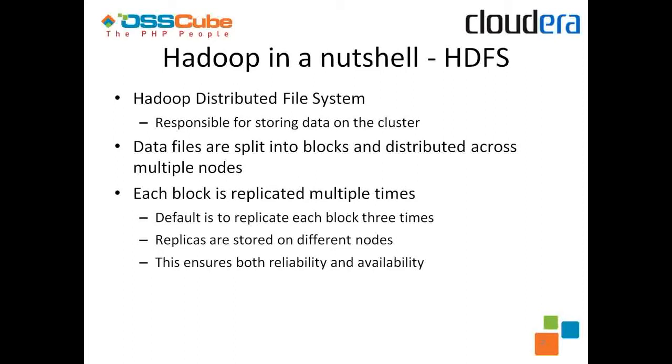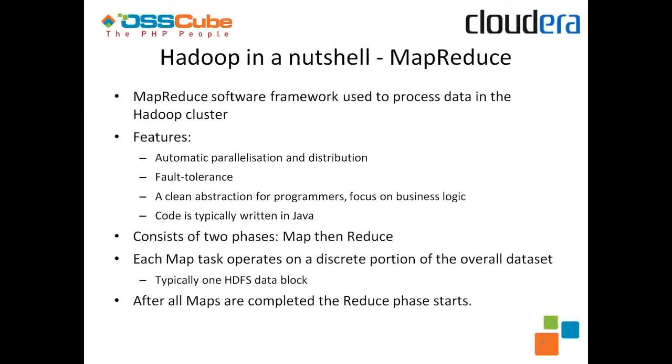So if you lose one node, you don't lose any data because there's another version of that block sitting on another machine. So these blocks are distributed and replicated across your cluster, and that ensures your reliability and availability. Even if nodes break down, you still have access to that data.